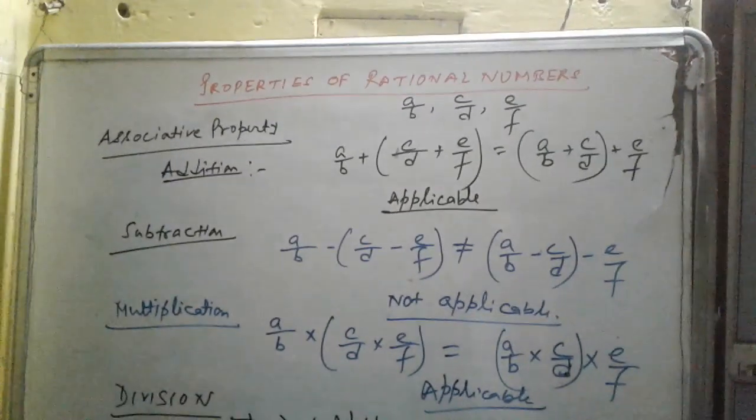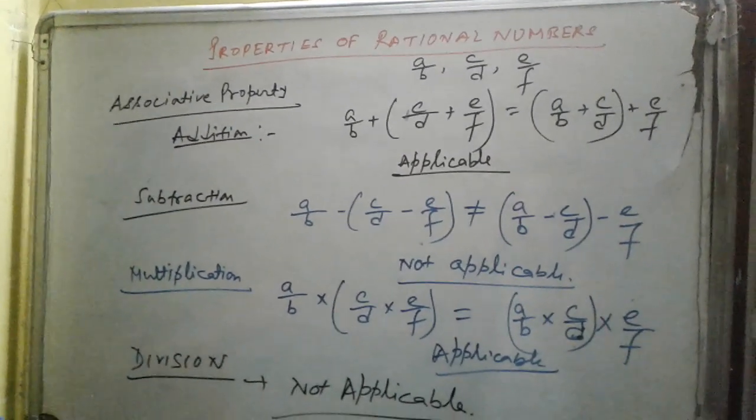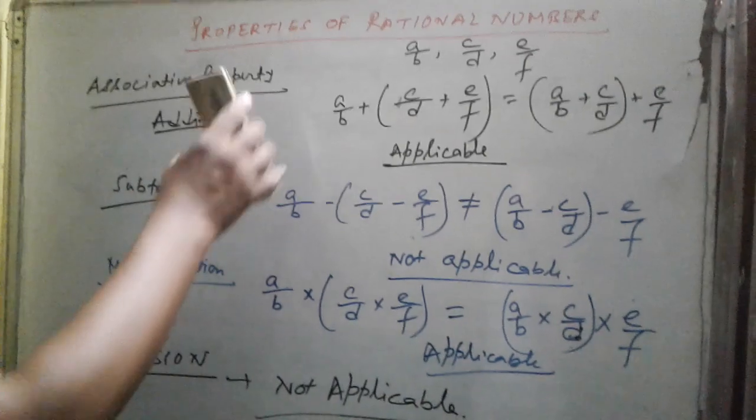So this is about the associative property, and after this, next property is distributive property.